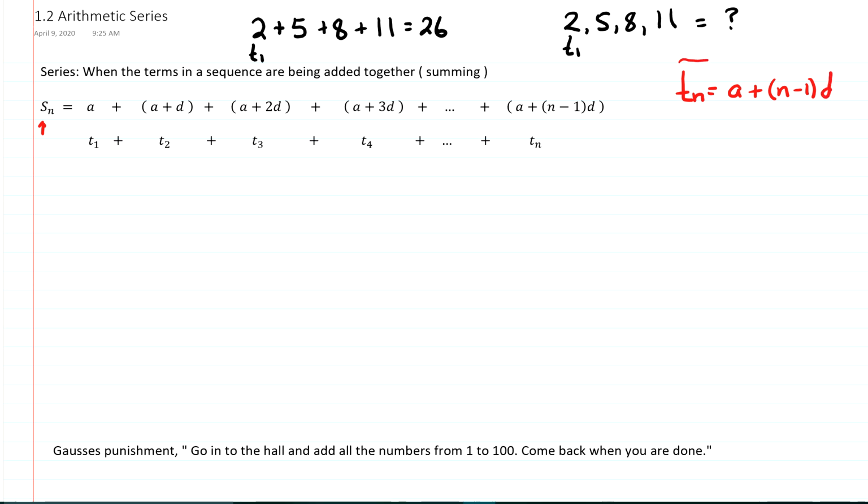If you're not sure about that formula, you should watch the video before this one. This is going to be our last term in the pattern, and we're trying to figure out how to write a formula to determine the sum of all the terms in an arithmetic series.